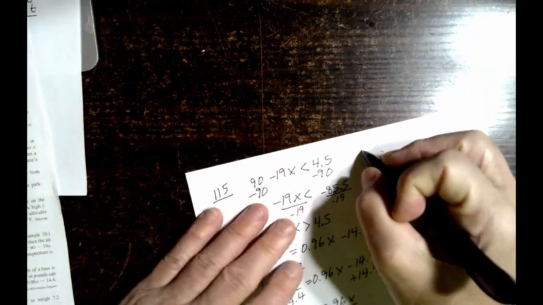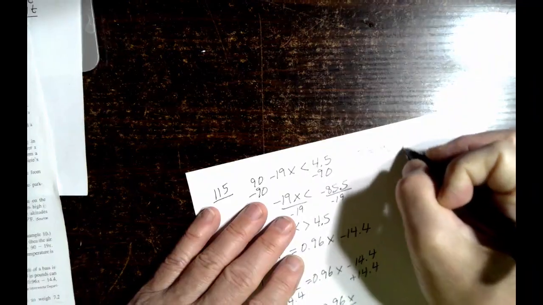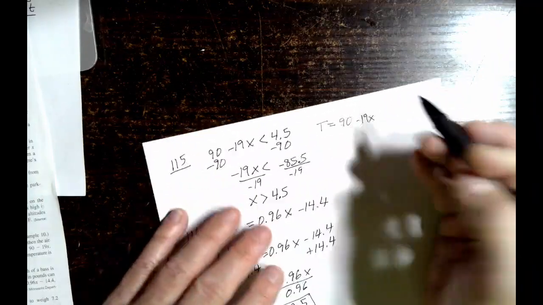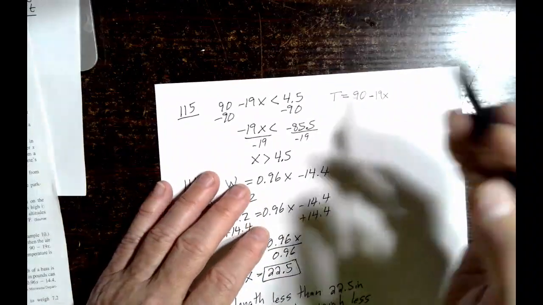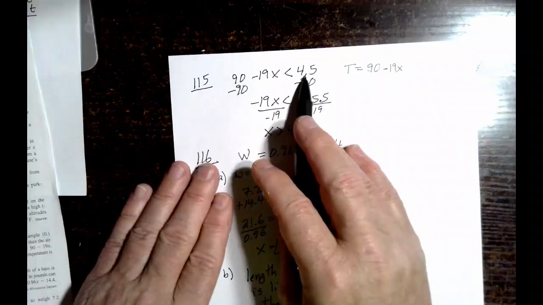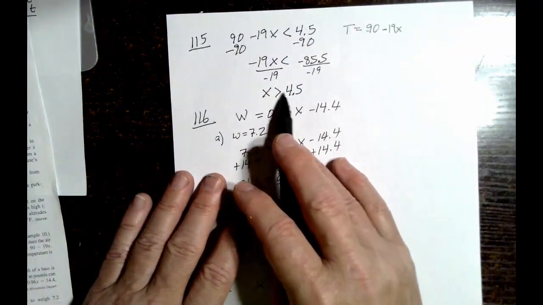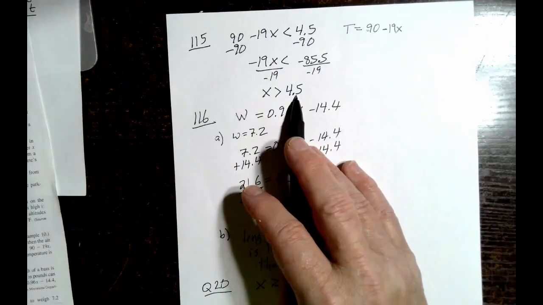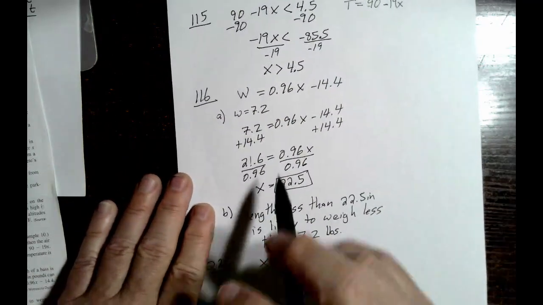The original formula is T equals 90 minus 19x. x is how many miles into the atmosphere you are, or miles high, and T is the temperature. So if your temperature is 4.5, you want this to be less than that. So you subtract 90, divide by negative 19, and so x is greater than 4.5. And that makes sense, because the higher in altitude you go, the colder it gets.